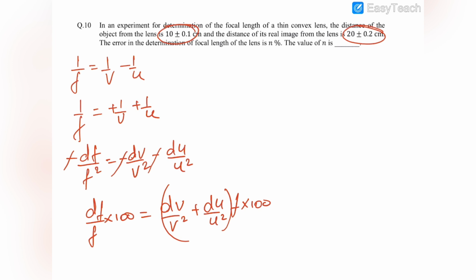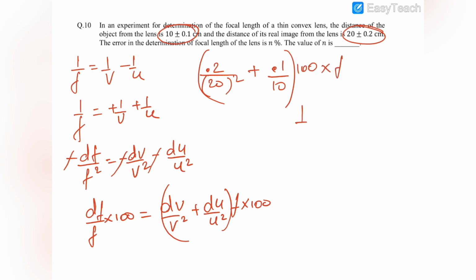Now dv is 0.2 and v is 20, so this is 20 square, plus du is 0.1 and u is 10, and into 100 into f.